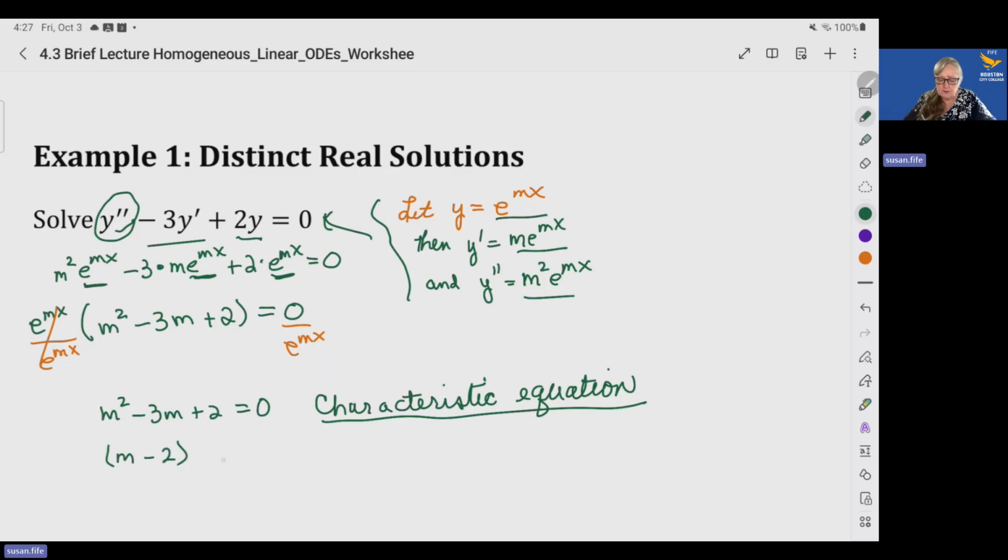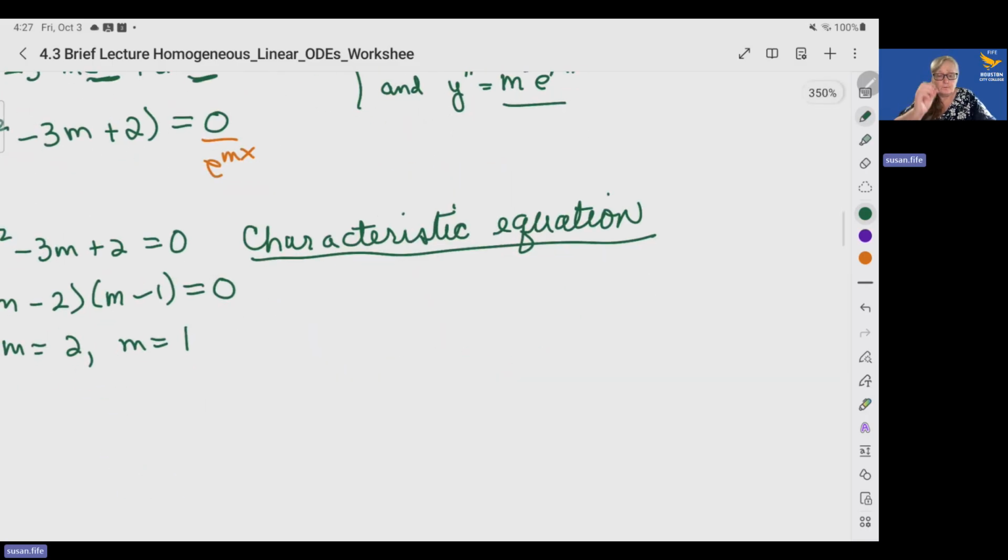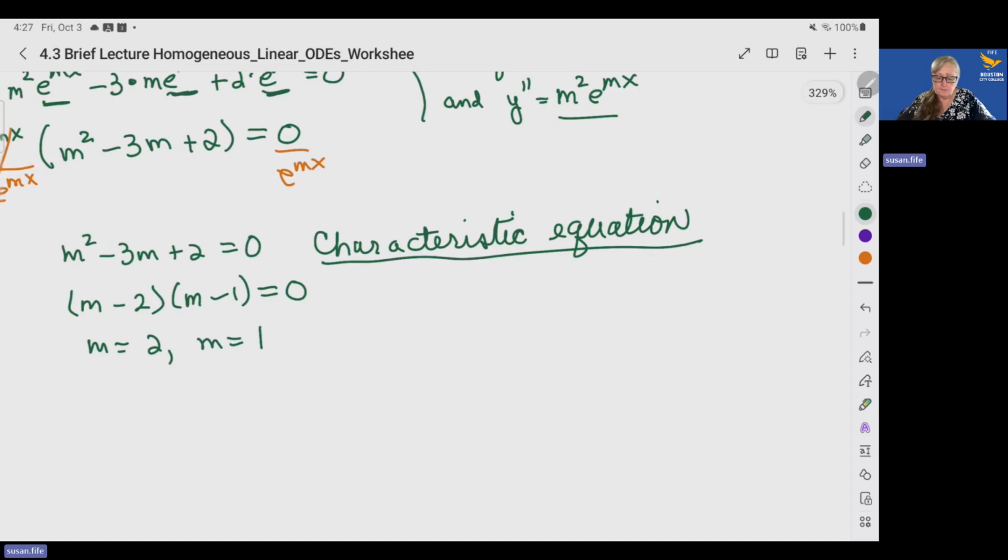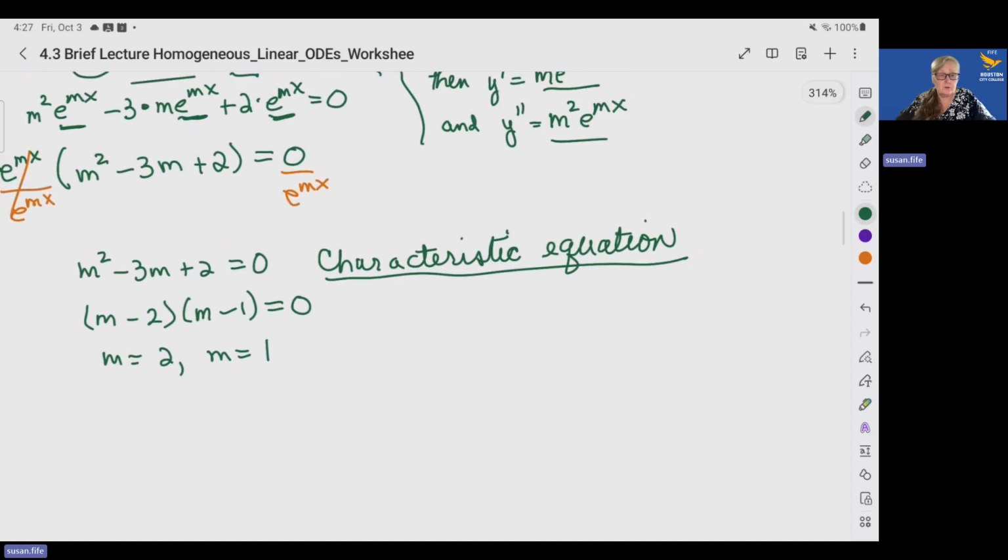This factors into m minus 2 times m minus 1. And so we get m is equal to 2 and m is equal to 1. Gives you two distinct solutions. Each solution will give you one solution to the ODE.